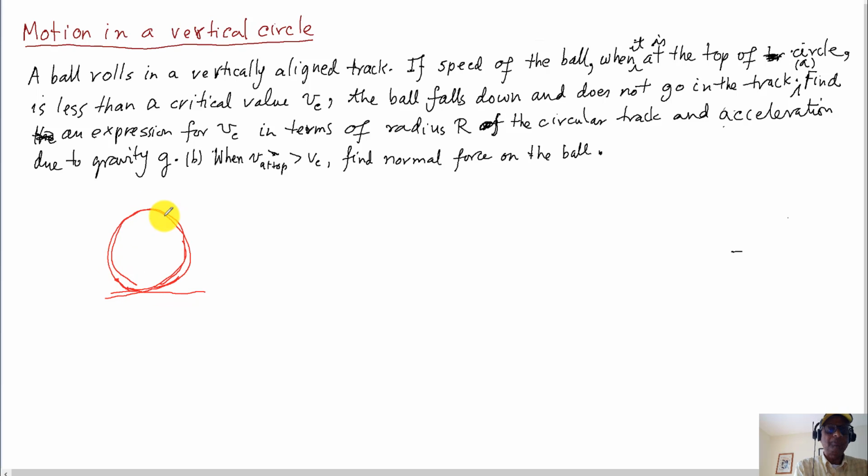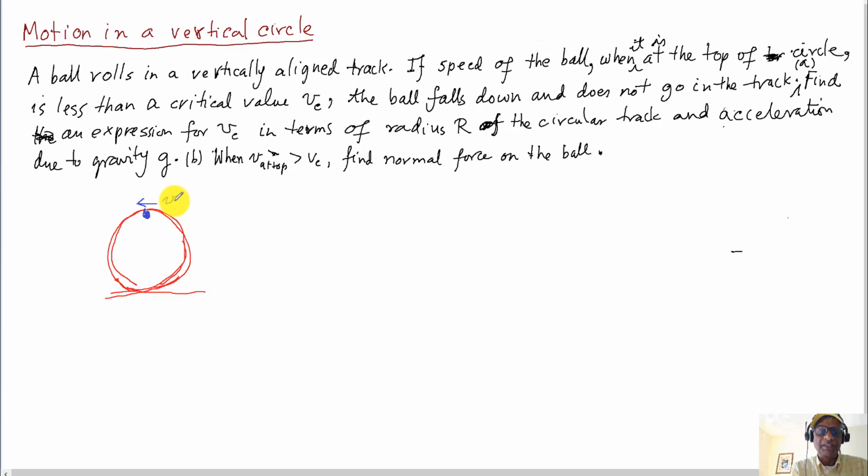We're talking about not any point of the circle, but a particular point. The ball is here and going around. At that point, it has a velocity in that direction, but the speed is v.